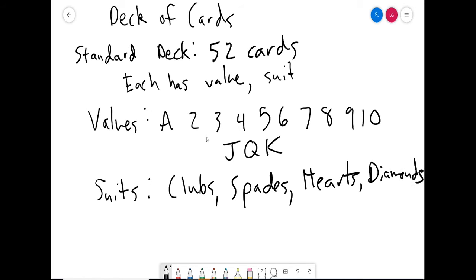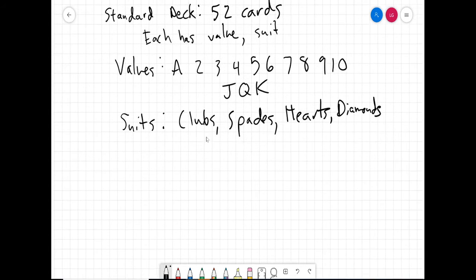Now, like what we've been talking about for a few weeks with the spinner, with the dice, we're in a theoretical probability space, right? For a lot of these standard setups, yes, the deck of cards is a physical object that we know about and maybe have done things with, but in a theoretical space, it's also helpful in order to play out some of these probability concepts.